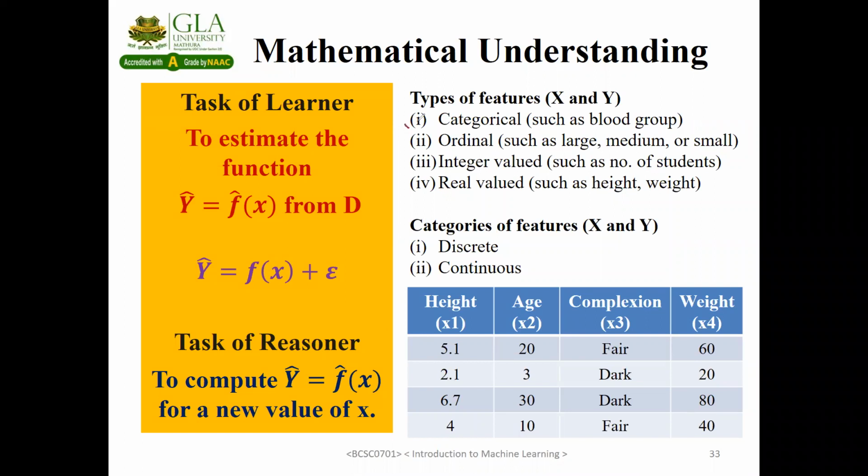Number one is the categorical feature. Categorical in the sense those features which have a category as their values, like blood group. Blood group does not have any integer or real values. It has a category like A positive. So this is one category of the blood, right?